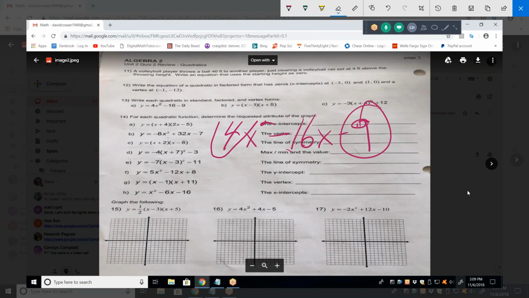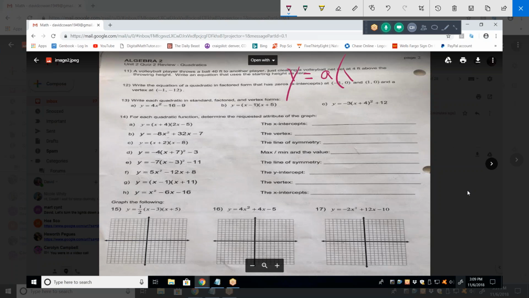Okay? So there's one third way we need to write this first one, and that's in vertex format. First of all, let's write vertex format. It's always a good starting spot when you don't know where to begin.